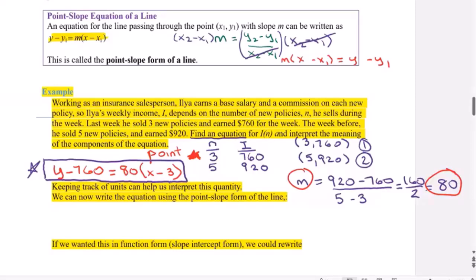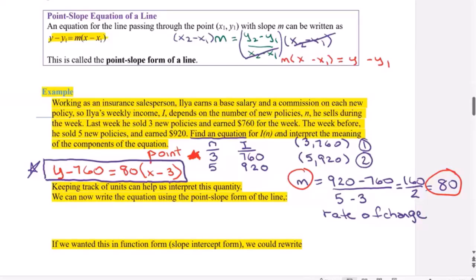It says, find an equation and interpret the meaning of the components of the equation. So m is my slope, which is my rate of change. And what does that mean?